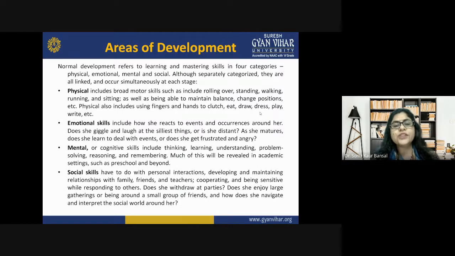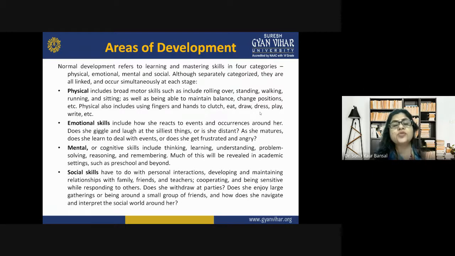It includes gross motor skills such as rolling over, standing, walking, running, and sitting, as well as being able to maintain balance, change positions, etc. Physical also includes using fingers and hands to clutch, eat, draw, dress, play, write, etc.